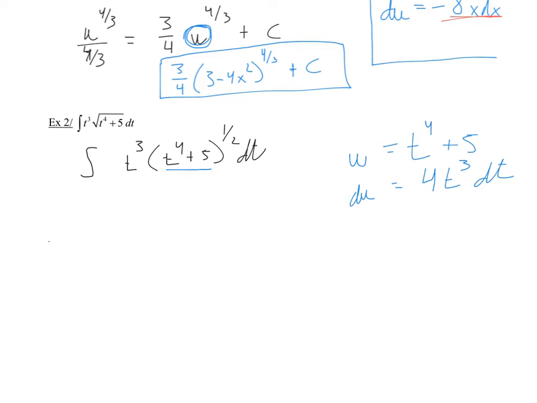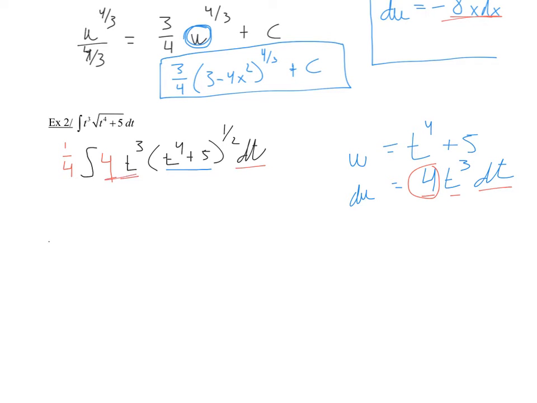I look over here, I'm looking for a t cubed, dt, and a 4. I've got my dt. I've got my t cubed. What I don't have is a 4. The 4 is missing. It would be really nice if there was a 4 there, so I'm actually going to put one there. But to make up for that, because I've now changed the value of the function, I'm going to put a 1/4 outside of the integral sign.